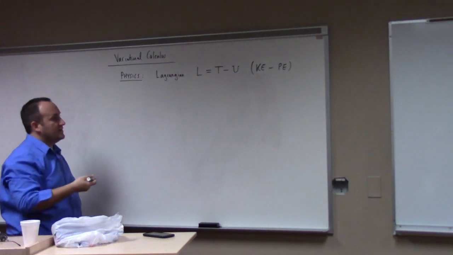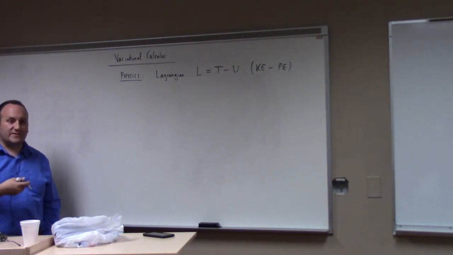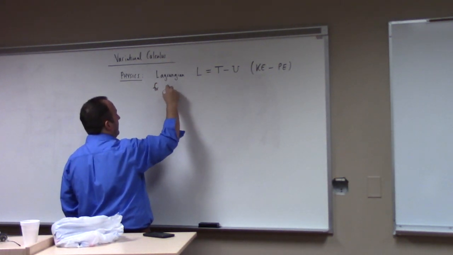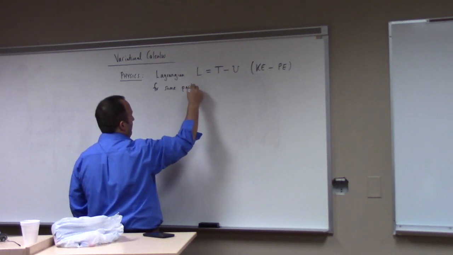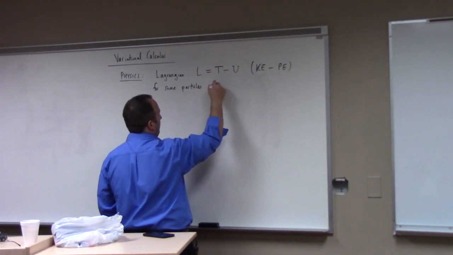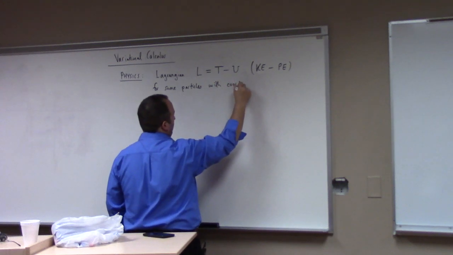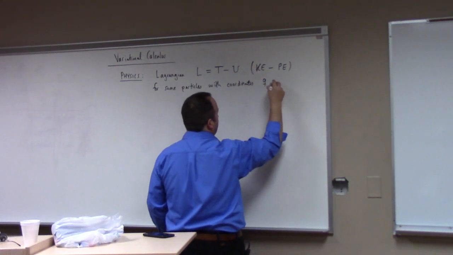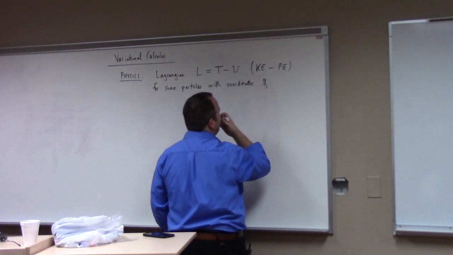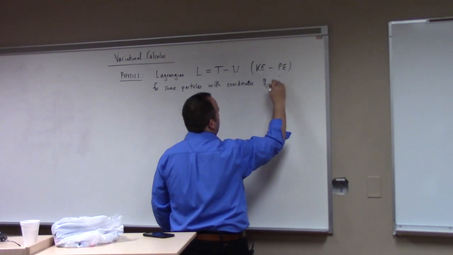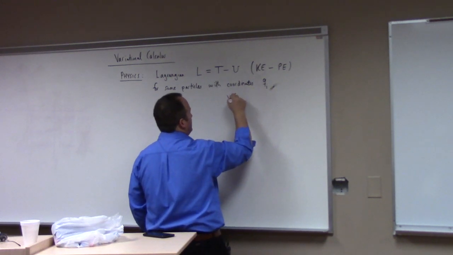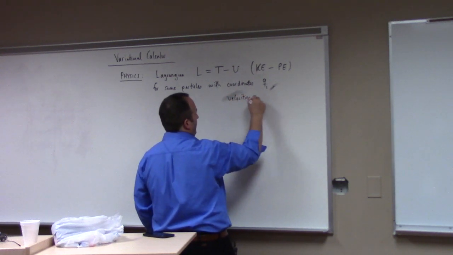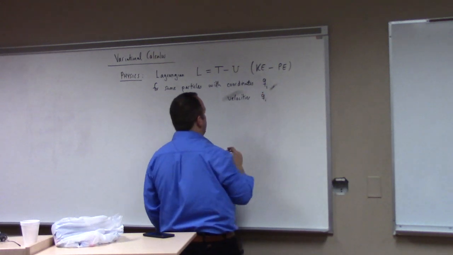This Lagrangian is the difference of the kinetic and potential energy for some system of particles with coordinates, usually people in the abstract will say q_i, and generalized velocities, q_i dot.